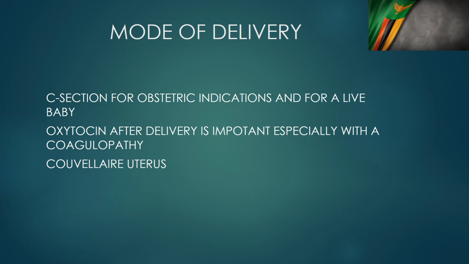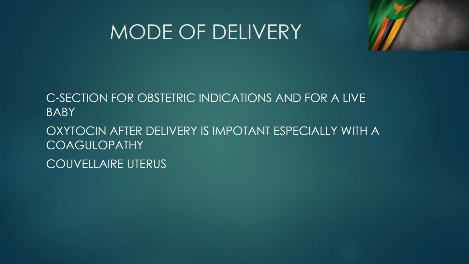It's important to remember that if we have a patient with a coagulopathy and the baby is dead, it's important that the coagulopathy is corrected. So we get blood, we transfuse blood. When the fetus is dead, we have to prioritize that all the maternal parameters are optimized.